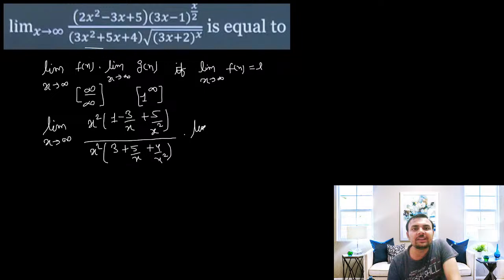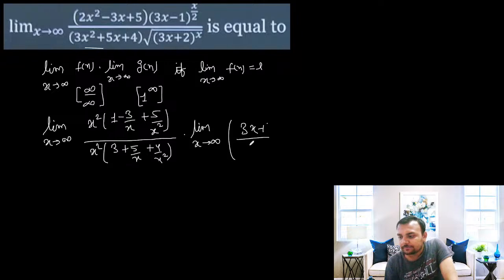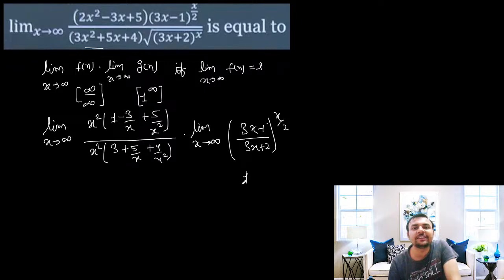Limit x tending to infinity, if you see, it is nothing but (3x plus 2) to the power x by 2. So we can simply write this as (3x minus 1) over (3x plus 2), to the power x by 2. If you see x tending to infinity, it is 1 to the power infinity. That means it is in indeterminate form, we can solve it.